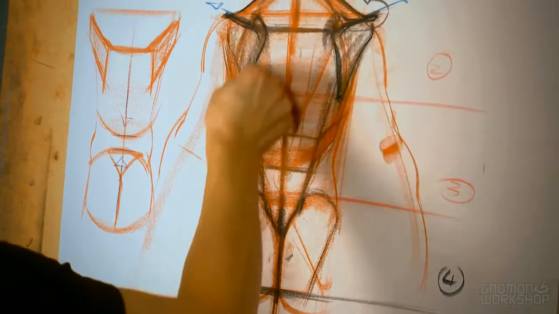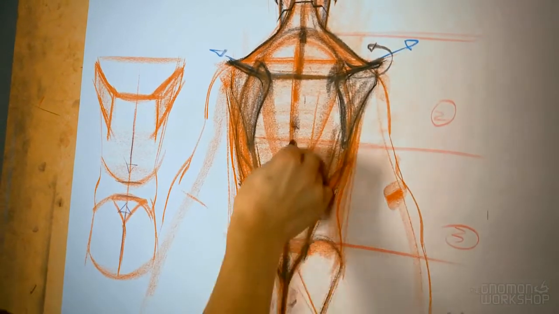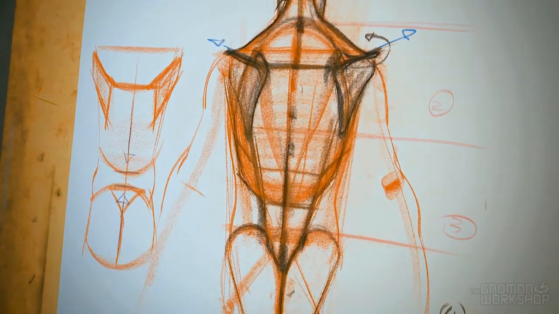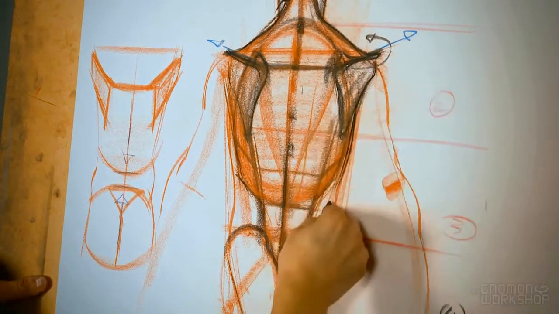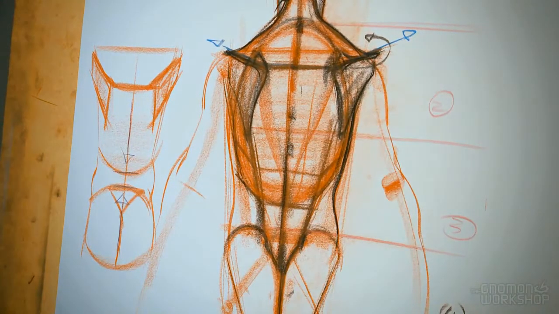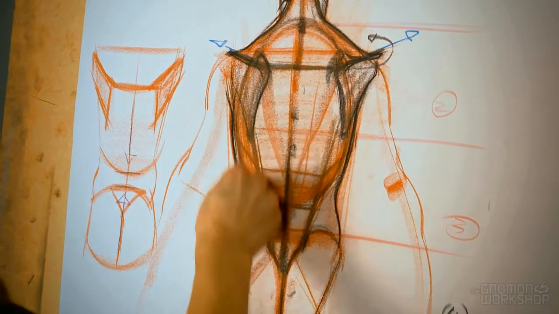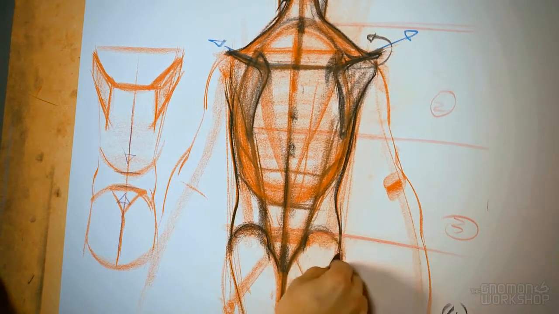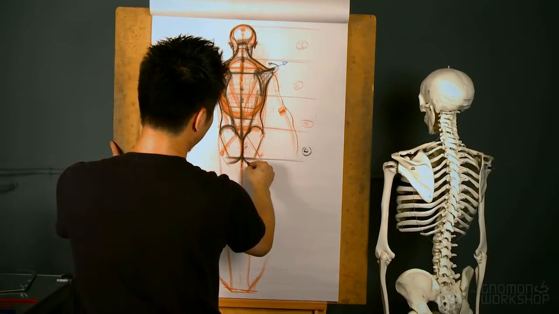So here's your rib cage. The oblique sits on top of the pelvis. The buttocks is going to end a little bit lower than the pelvis.